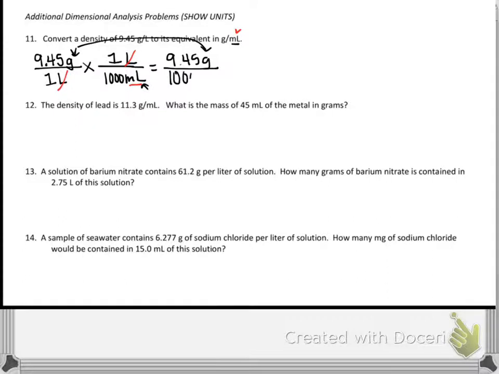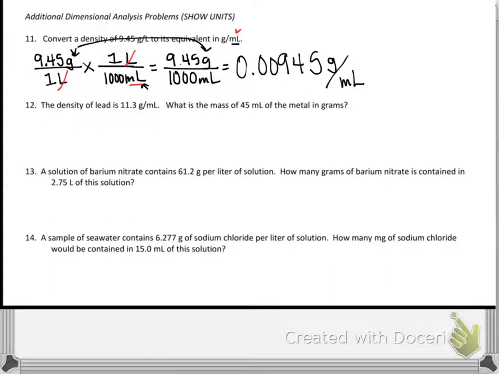So we're going to write down 1,000 milliliters. But now we have to do our math. So 9.45 divided by 1,000 is going to give us 0.00945. We have grams in the numerator and milliliters in the denominator.